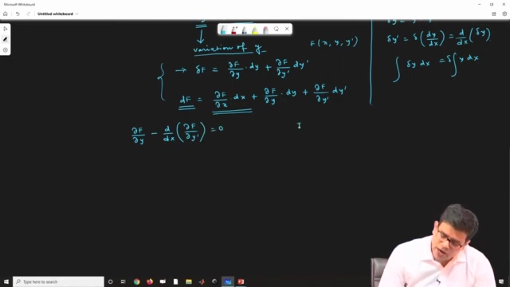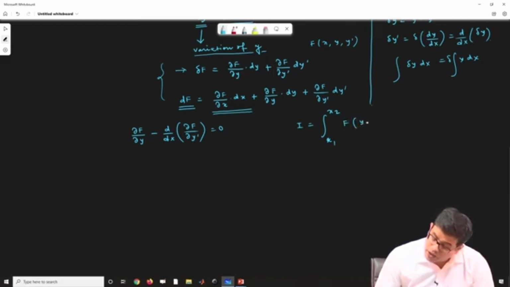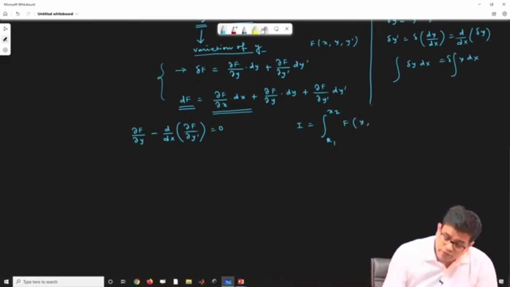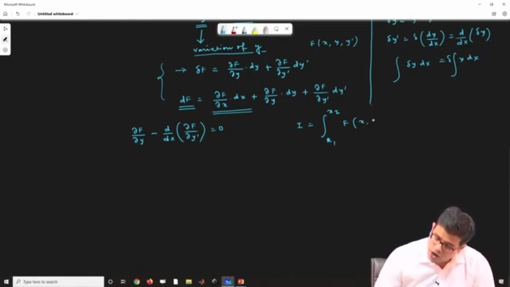I obtained that by I equals the integral from x1 to x2 of f of x, y plus delta y, comma y prime plus delta y prime, dx, right?